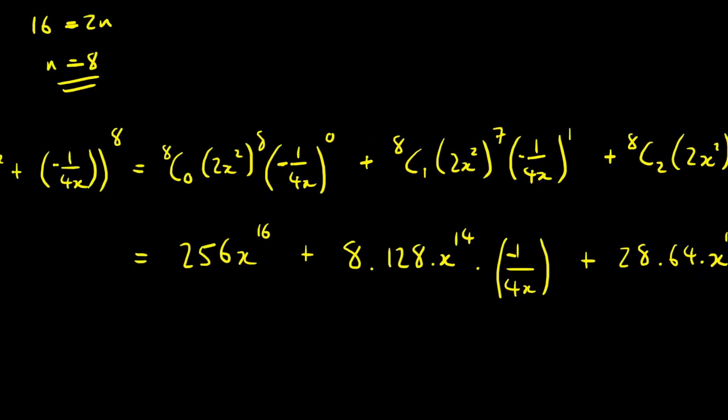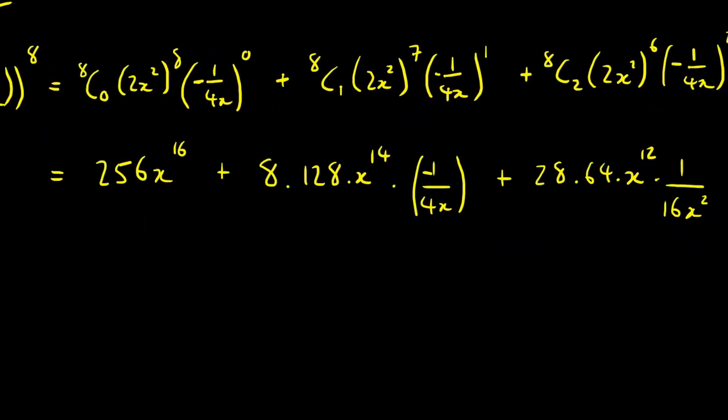So now we just go through the last stage of simplifying this. So we get 256x to the power of 16 minus, because we've got the negative there, 8 times 128 divided by 4, which is 256. And we've got x to the power of 14 divided by x to the power of 1.